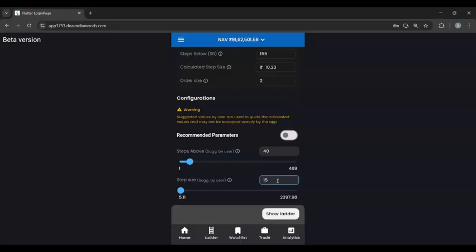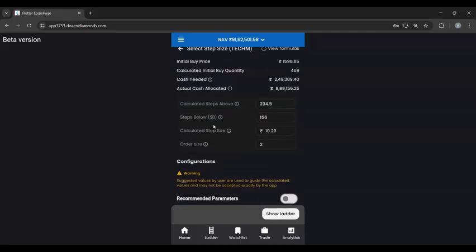Meaning that you wrote 15 over here, our system calculated what will be the closest value to 15 which is optimum to trade. So the step size which our system has calculated is 10.23, which simply means that at every 10.23 rupees, I'm going to buy or sell.